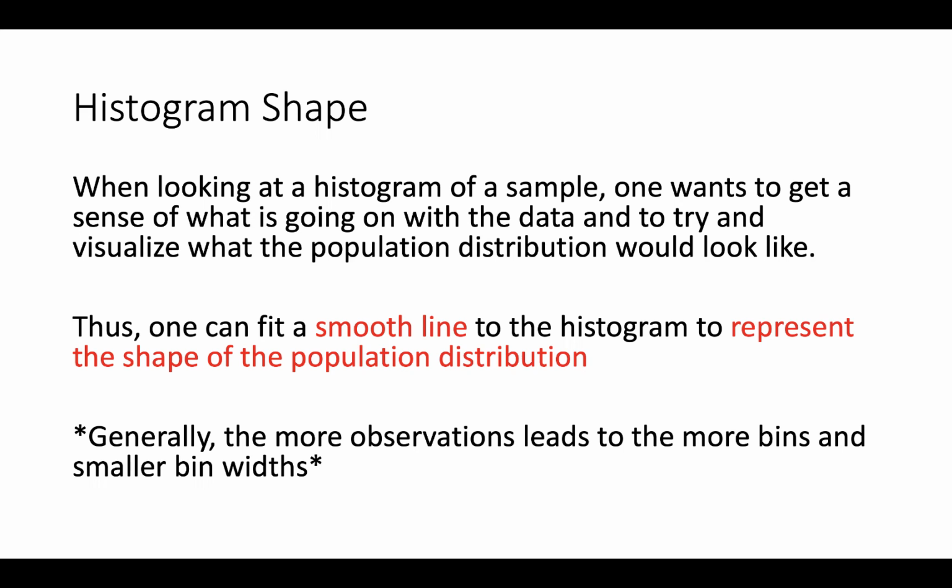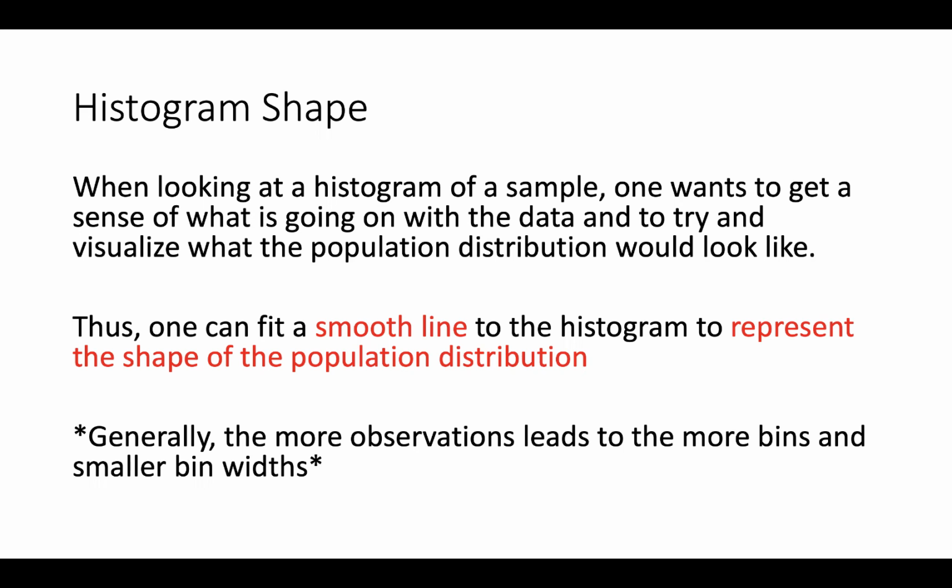And the reason why that works is because of the concept below, where generally speaking, the more observations you have in your data set, the more possible bins you can create, and the smaller bin widths you will have.